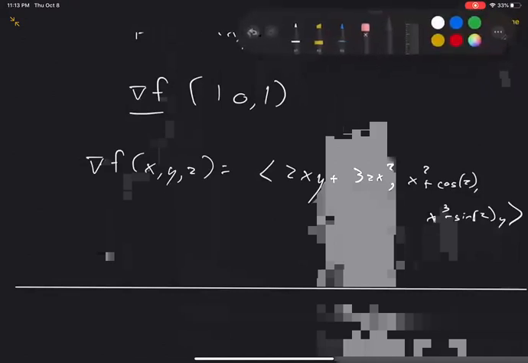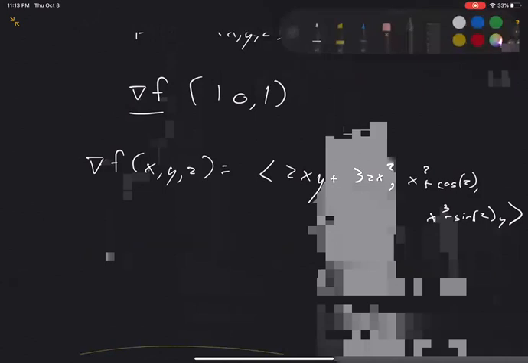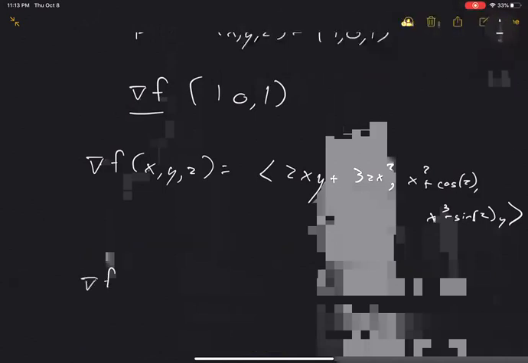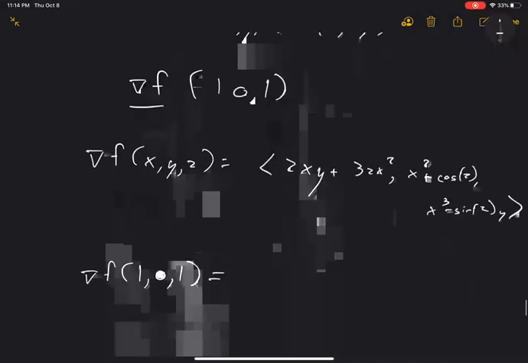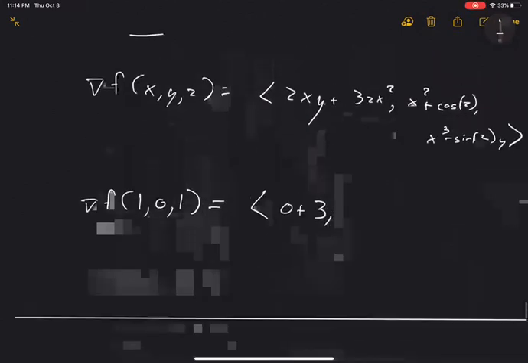And then I plug 1, 0, 1 into that. So this first term will be sine of 0 plus 3, then 1 plus cosine of 1, and then 1 minus 0, so 1.